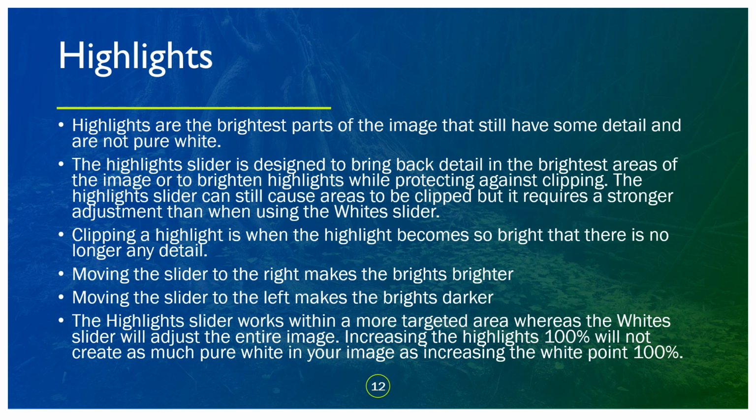Moving the slider to the right makes the brights brighter. Moving the slider to the left makes the brights darker. The highlight slider works within a more targeted area, whereas the white slider will adjust the entire image. Increasing the highlights 100% will not create as much pure white in your image as increasing the white point 100%.